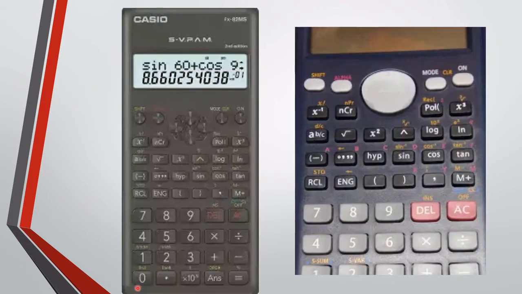These are the calculators which have to be used. This is the FX-82MS calculator, and here are the functions sine, cos and tan. The zoomed-in version is over here on the right: sine, cos, tan. There are also sine inverse, cos inverse, and tan inverse.